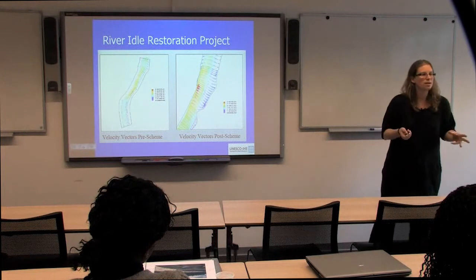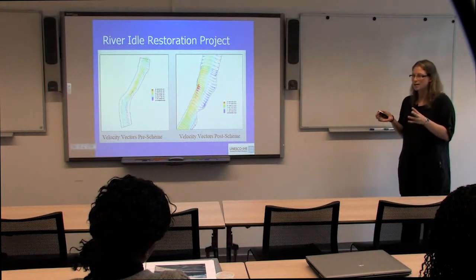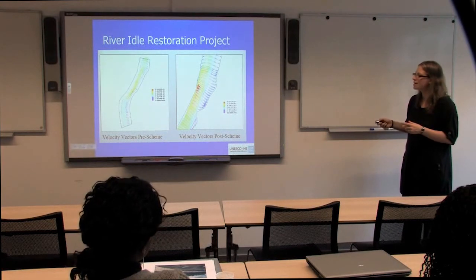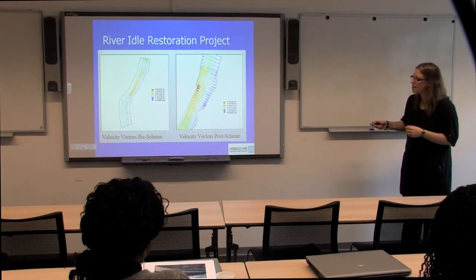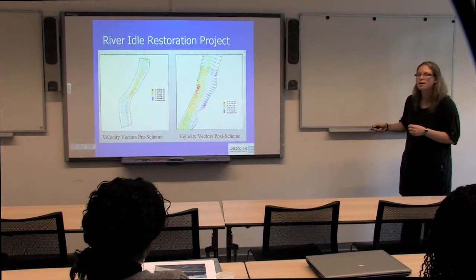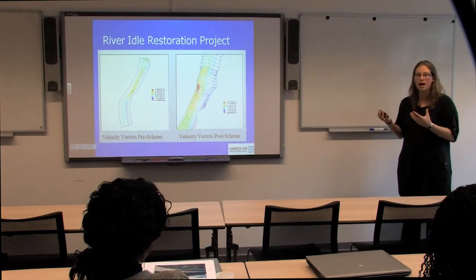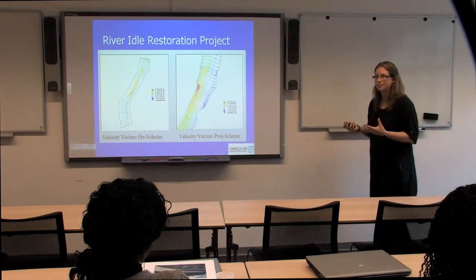And what they wanted to do with this example is create more habitat where you had areas such as this, low flow, to encourage particular fish species to be able to breed. Okay?